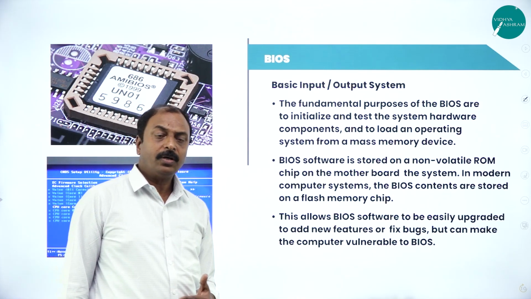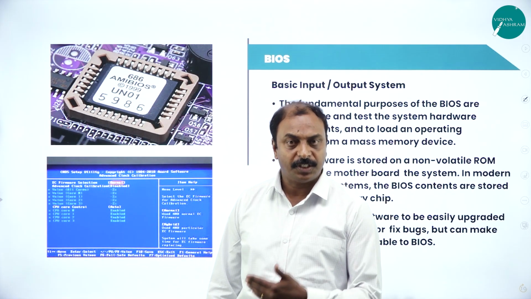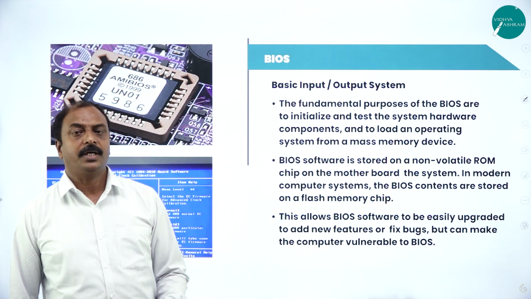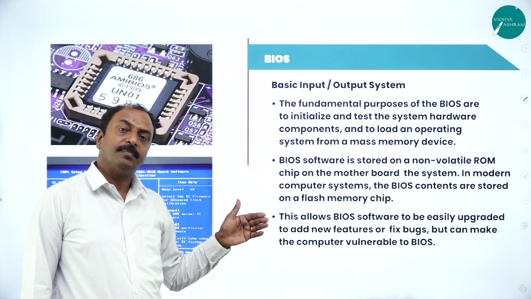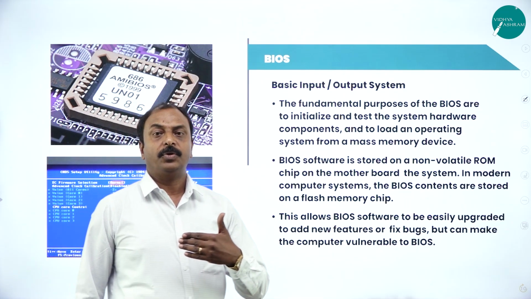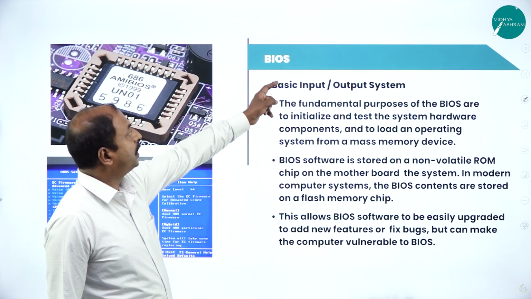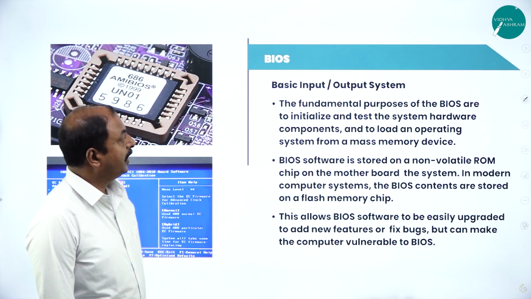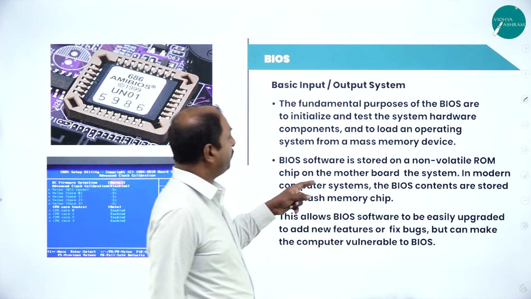So it checks which types of hardware are connected to the CPU, and whether they are functioning or not, and it also checks the computer memory, how much memory is available for this operation. So this is one of the functions of BIOS. BIOS is a small chip on the motherboard, and BIOS software is stored on a non-volatile ROM chip on the motherboard.